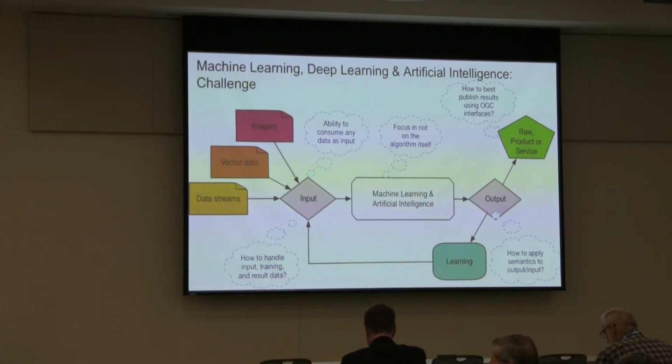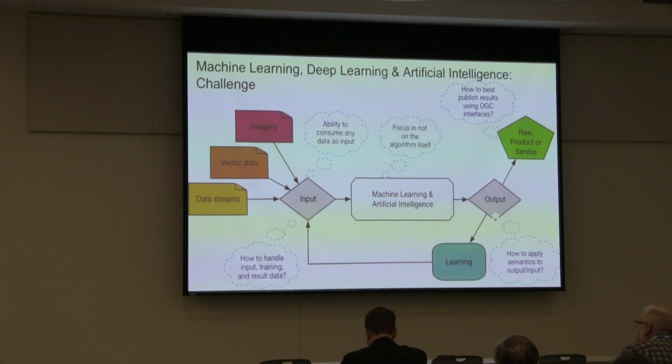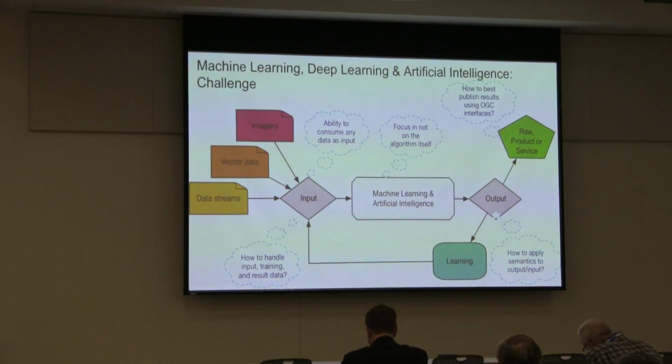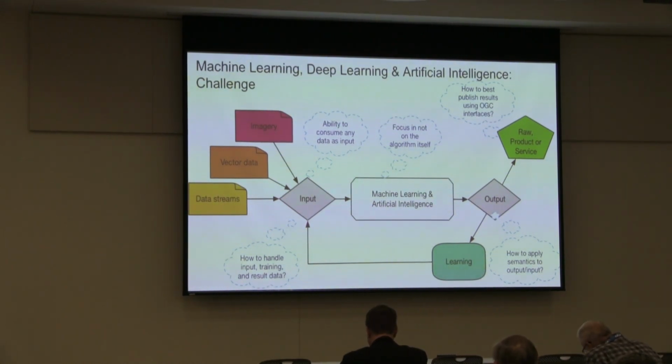The next topic was machine learning, deep learning, and artificial intelligence. This is the first time that this topic comes into a testbed, so we're very excited about it. And the question at the beginning was very open. So how is geospatial data integrated with these types of systems?